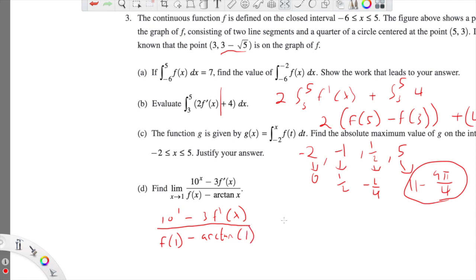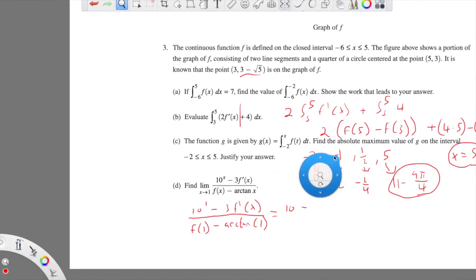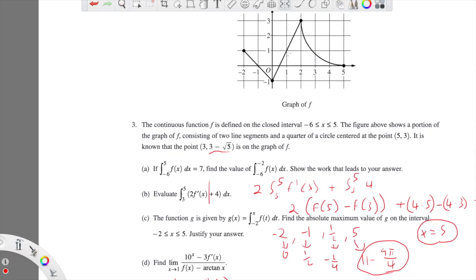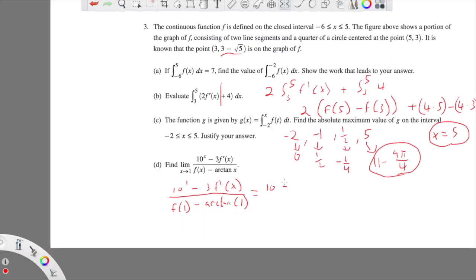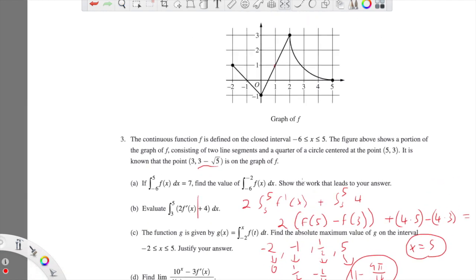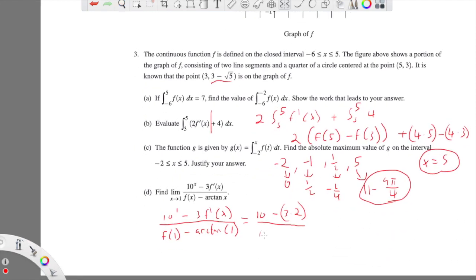And so 10 to the 1 is going to be 10. The slope at f of 1, right? So we go up here and we see that's going to be right over here. And the slope over here, the rise is 4 and the run is 2. So the slope is going to be 2. So the derivative at x equals 1 is going to be 2. So it's going to be 3 times 2 over f of 1. We go back here and we see f of 1 is going to be 1. 1 minus arctan of 1.